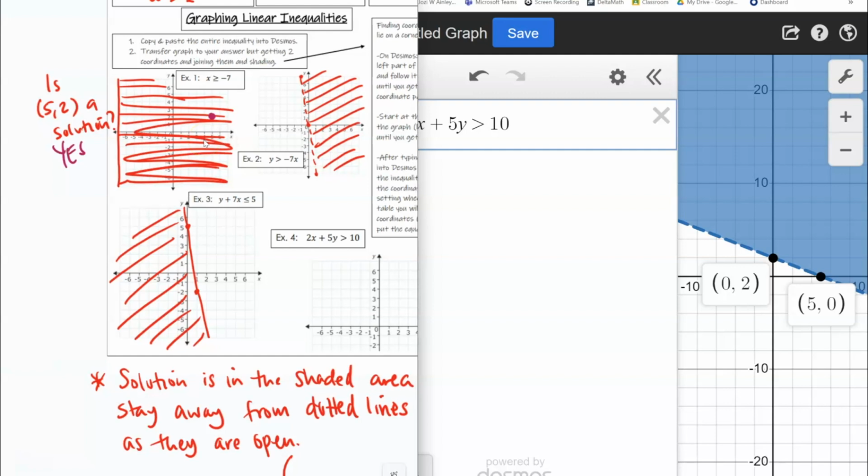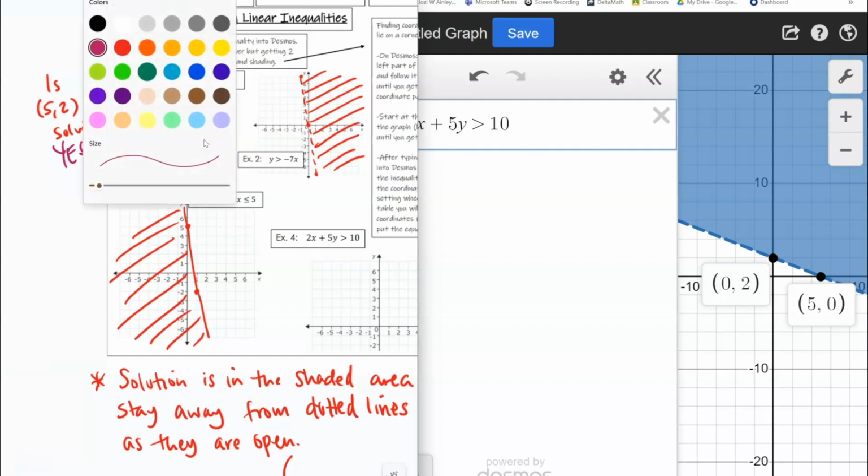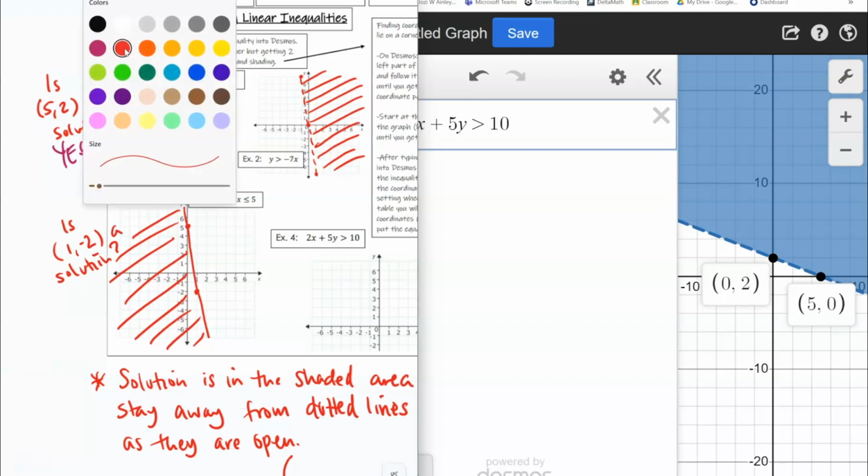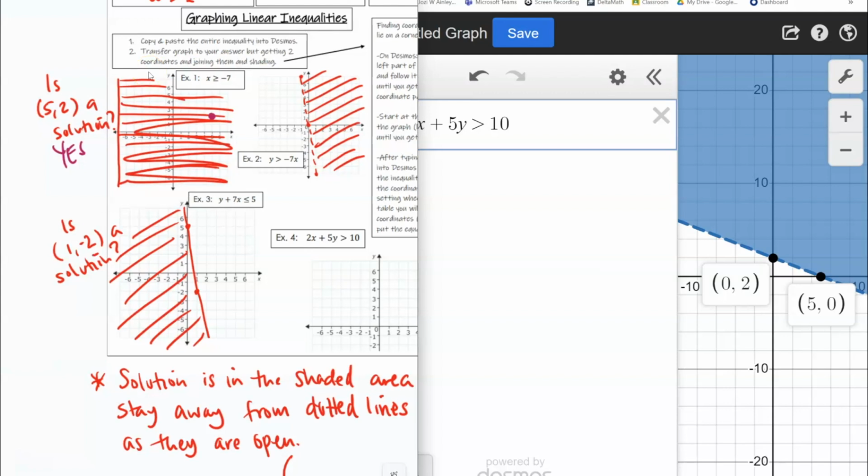Okay, so I'm going to give you a few examples just to make sure that you're okay. All right, so let's ask another question. You're going to copy the question down because I definitely forgot to put it in your notes. On example 3, is 1, negative 2 a solution? And you have to be prepared to explain why. So again, you're going to go to x and then y, 1, negative 2.